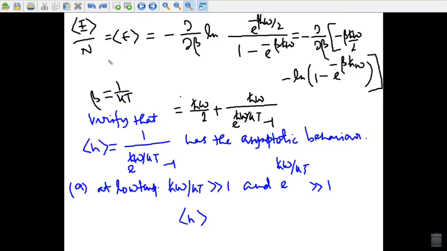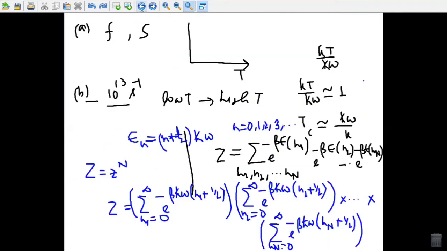So the average energy is given by E divided by N, the single particle oscillator energy average, which is nothing but minus del del beta of ln z.